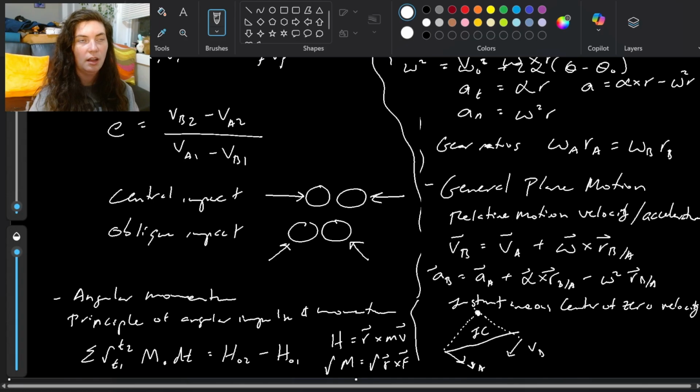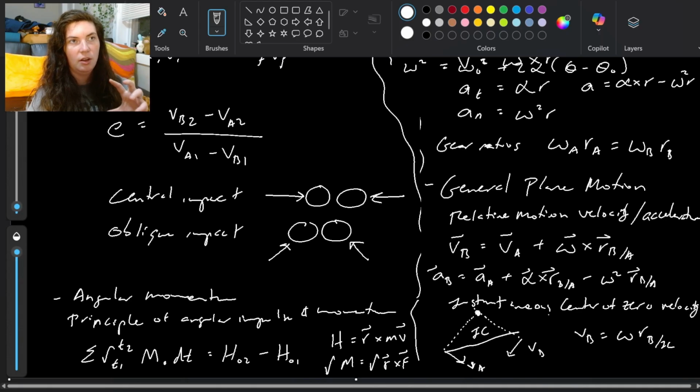So you can use scalar relationships where VB equals omega RB with respect to IC, when you have those vectors figured out, where this is your RA with respect to IC, RB with respect to IC. So just another way that you can solve those.